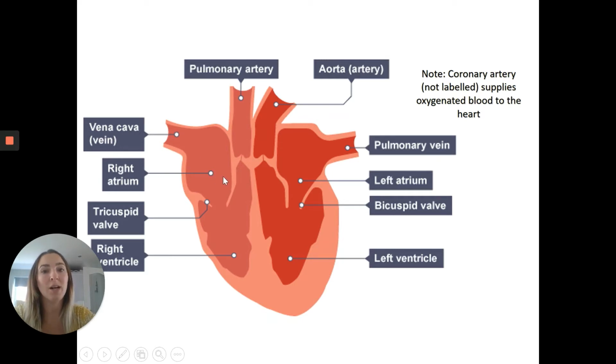So it doesn't have very far to travel. So it doesn't need a very thick wall of muscle to pump the distance that it's got to go. Whereas this side of the heart, so the left side, is going to go all around the body. So what we need here is a nice thick muscle so that it can put the blood under more pressure and pump it around the body.